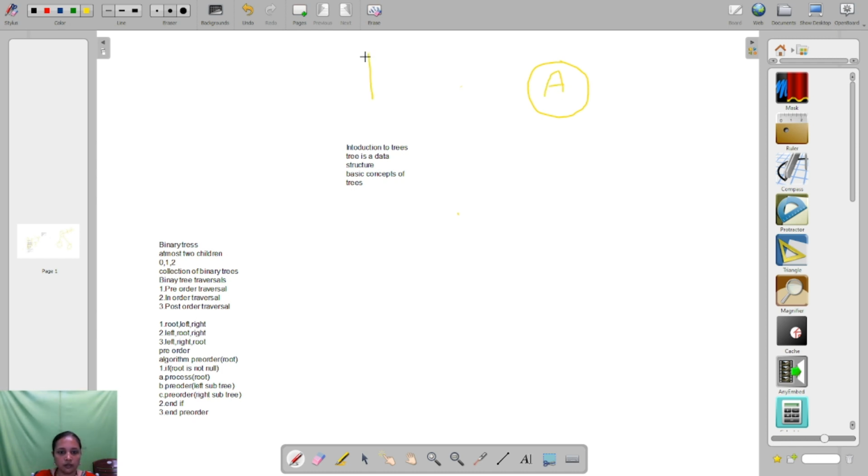Here we go to pre-order. So pre-order, what are the rules? First one is, first you visit the root. The second left. The third one is right. So this one is the rule of pre-order.